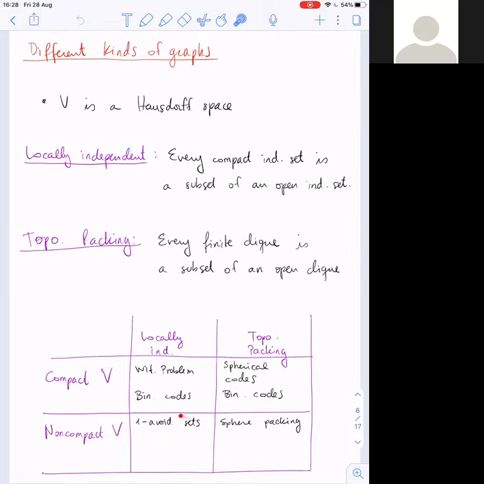And the one avoiding sets in Euclidean space, the Hadwiger-Nelson related problem, is also locally independent, but it has a non-compact vertex set. On the other hand, spherical codes and binary codes are also examples of topological packing graphs with compact vertex set. And the sphere packing problem is an example of a topological packing graph with a non-compact vertex set.